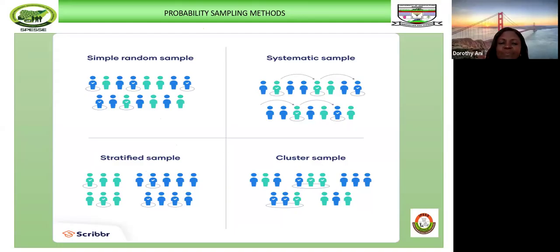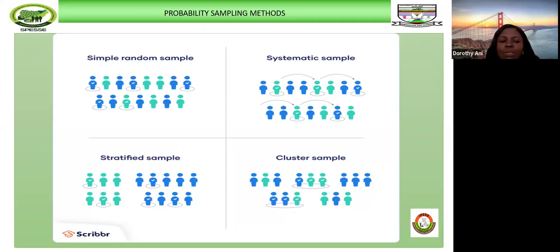Simple random sample, systematic sample, stratified, and cluster sample. Just look at this picture for a while. In the simple random, anyone that is ticked is the one that has been chosen as a sample.